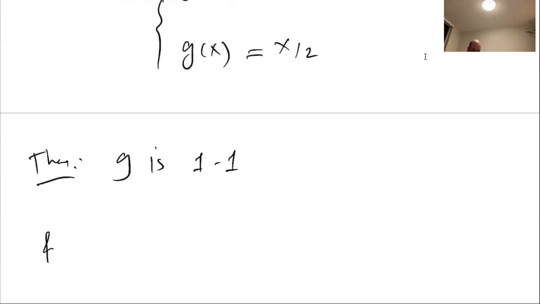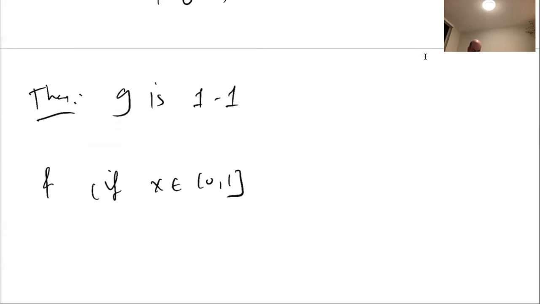And if X belongs to the domain, remember the domain is 0 to 1, half open, half closed, then G of X will be included in the interval 0 to 1/2 closed, which is a subset of open 0 to 1.